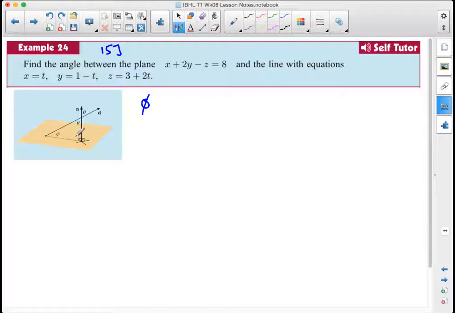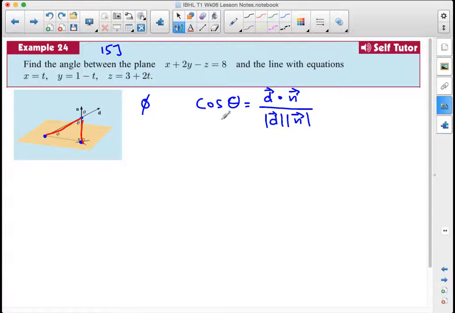Now in this triangle, the cosine of theta is the adjacent over the hypotenuse, and we know that the cosine of theta is that direction vector of the line, the inner product with the normal of the plane, divided by the length of both.